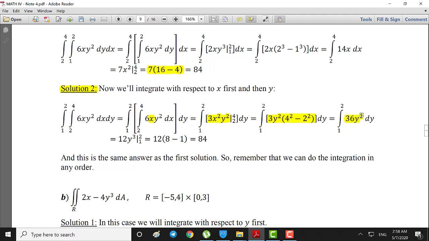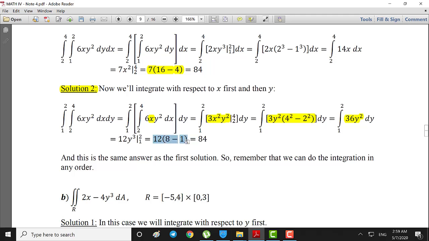Now, the outer integration is the integration from 1 to 2 of 36y² dy, which is a very simple integral, which is 12y³, y changing from 1 to 2, which is 12 times 2³ minus 1³, which is 7 times 12, which is 84, right?